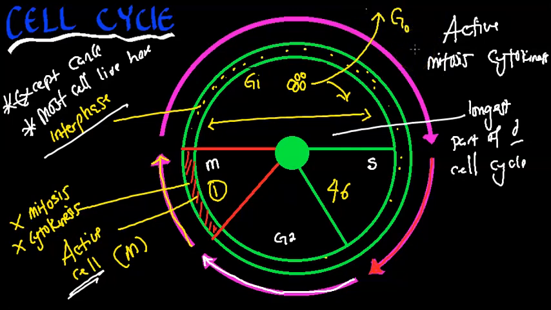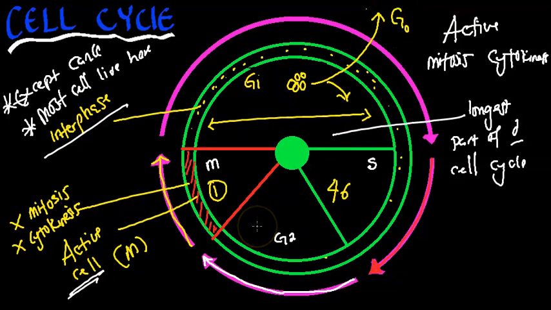There are certain cells in our body that don't want to be divided. E.g., we can call neurons an example of those kinds of cells. Instead of moving from G1 to S, from S to G2, they move out of the cycle to G0.